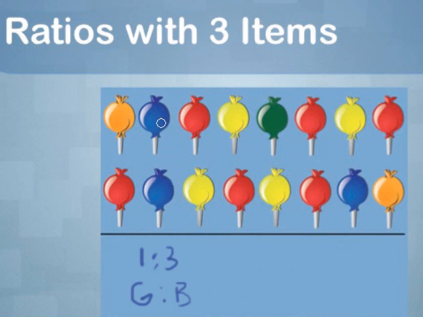The ratio of blue to yellow is 3 to 4. We can combine the ratios into one, the ratio of green to blue to yellow.